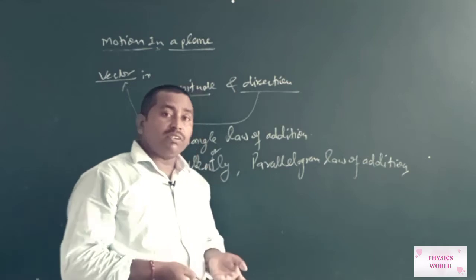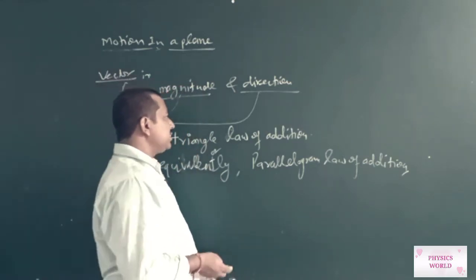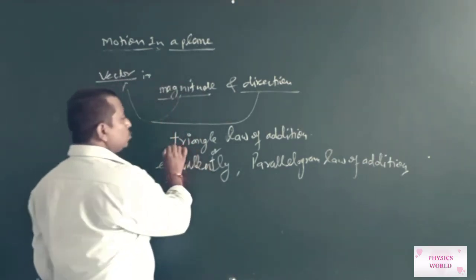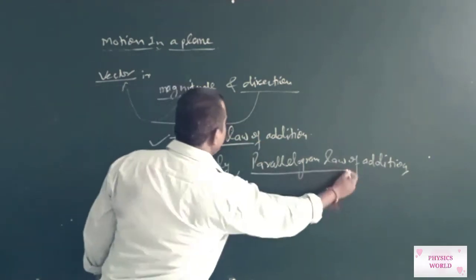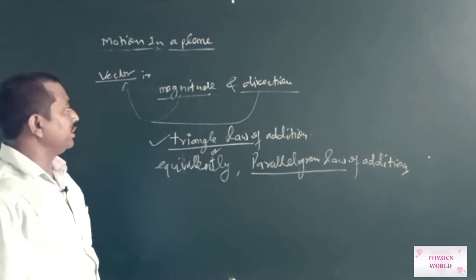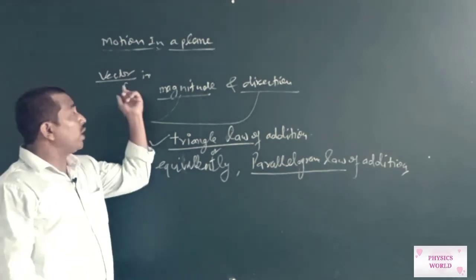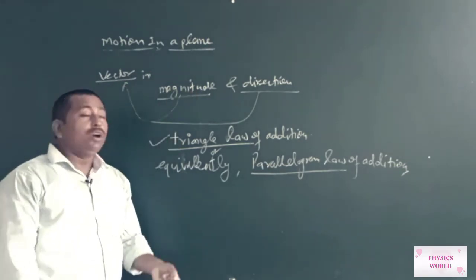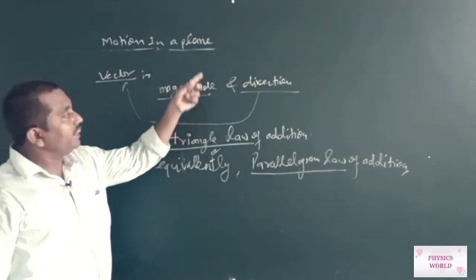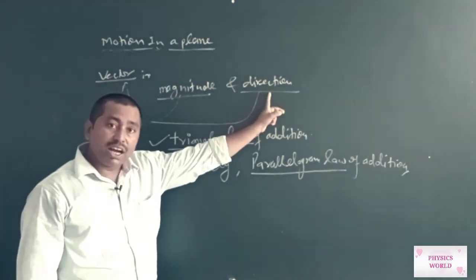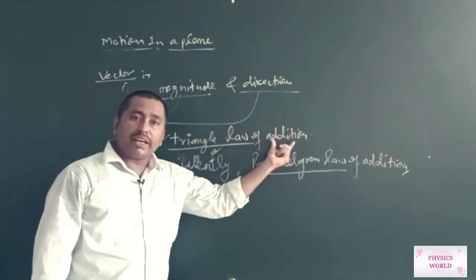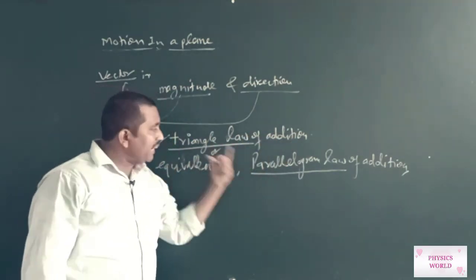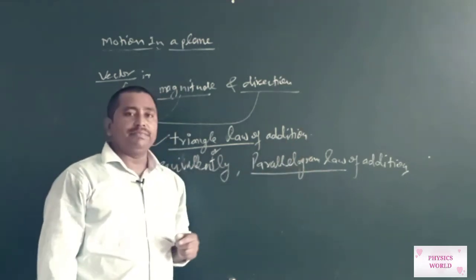There is a special need of vector algebra that can be defined with the help of two laws: one the triangle law, or equivalently the parallelogram law of addition. So vector quantities are those quantities which have magnitude and direction but also obey the triangle law of addition or equivalently the parallelogram law of addition.